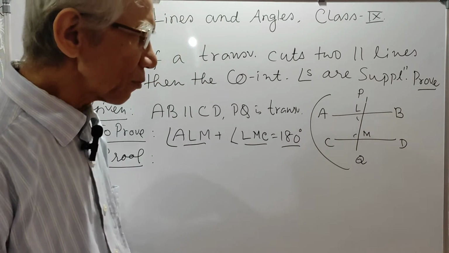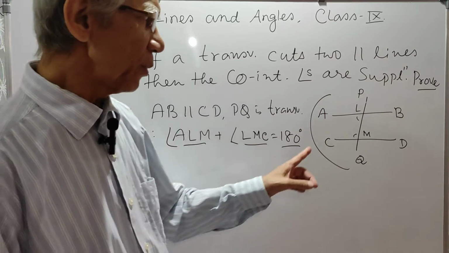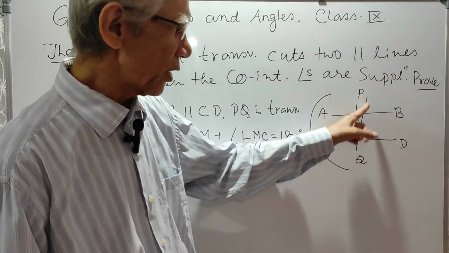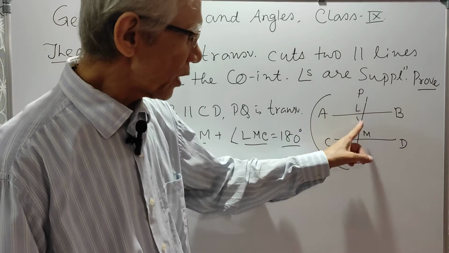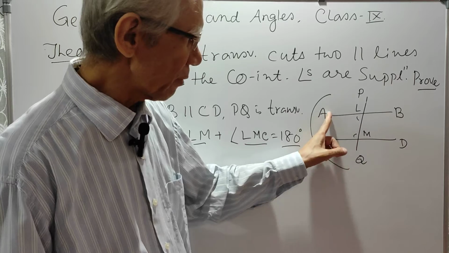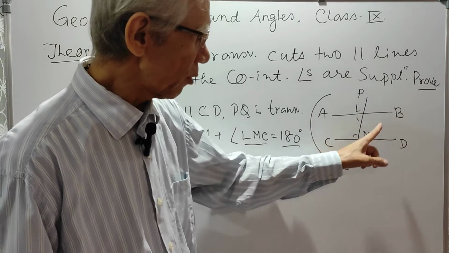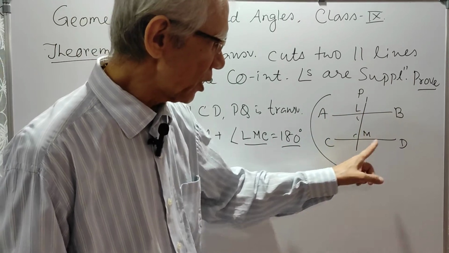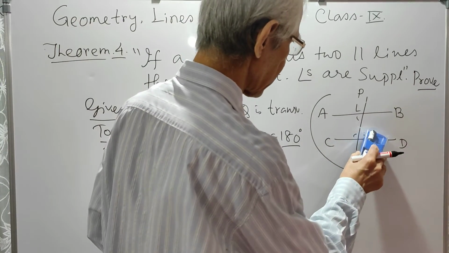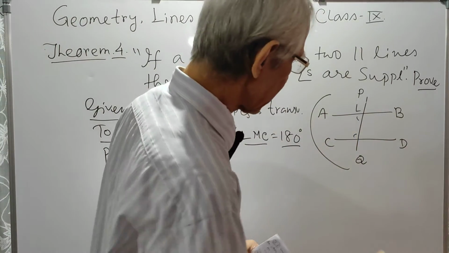Now see, in a previous theorem we proved that when two parallel lines are intersected by a transversal, alternate angles are equal. So in this case, this angle is equal to this angle. That means ALM equals LMD.